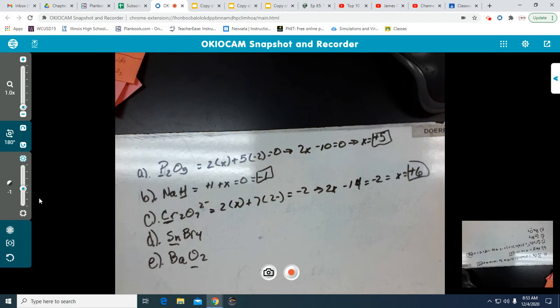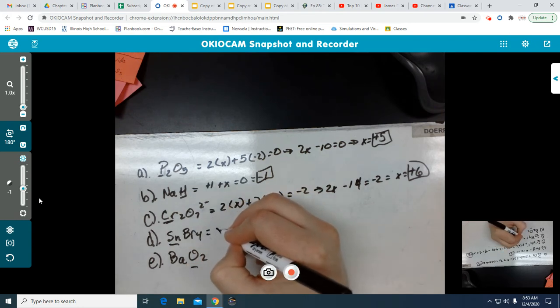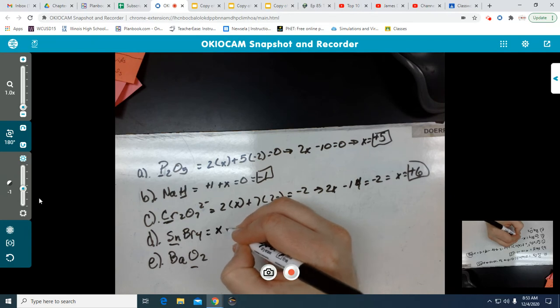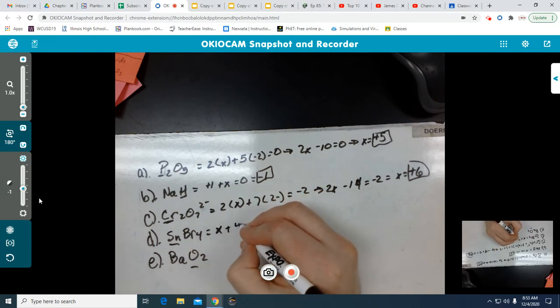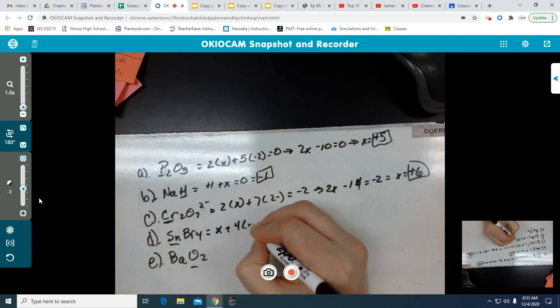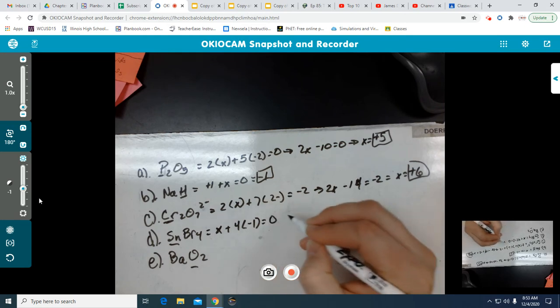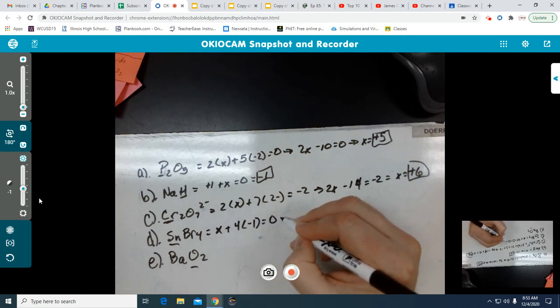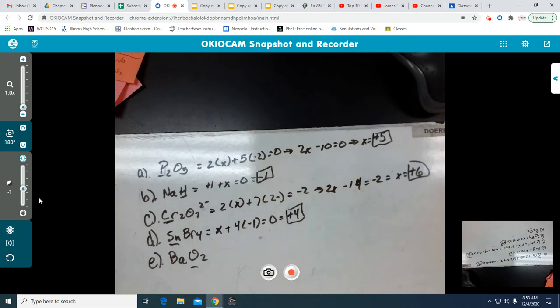All right, next we go to SnBr4, where Sn is our unknown. So we give Sn our x, plus we have 4 bromines, and bromine is going to have a minus 1 oxidation number. It is neutral, and so when we solve for x, we get x is equal to plus 4.